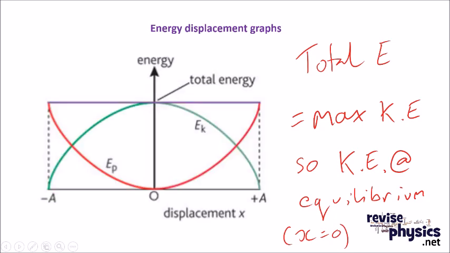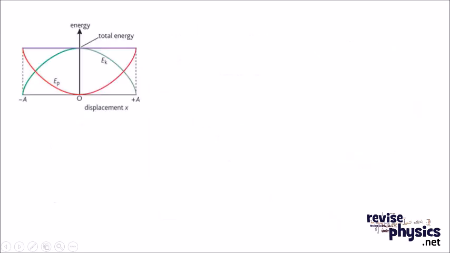So if we look at that graph again, we know that the total energy is equal to the maximum kinetic energy. So the kinetic energy at the equilibrium position, where x equals 0, is going to be our maximum. That's our total energy. So we know for a spring that the potential energy stored in it is equal to 1/2 times the spring constant, that's our k, times the displacement squared.